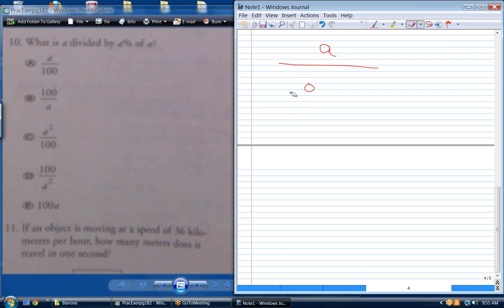So I have to convert that to a decimal or a fraction. So what it really is A divided by 100, if you think about it. In other words, if I said 5% and I want to write that as a decimal, I'm going to want to write that as 0.05. Well, how do I get that from the number 5? It's by dividing it by 100. So that's A%. Of means multiplication, so it's A times that.